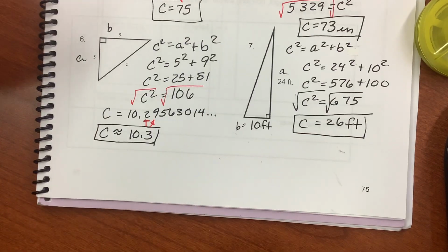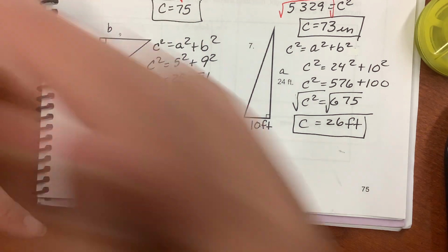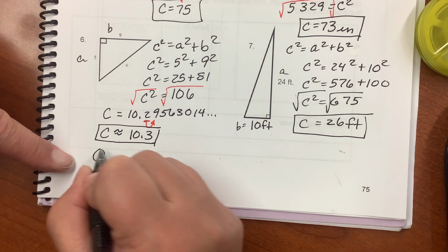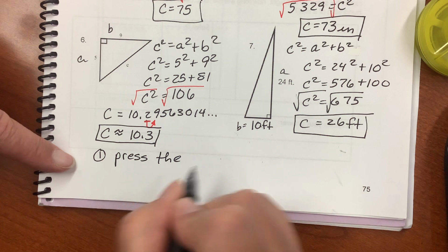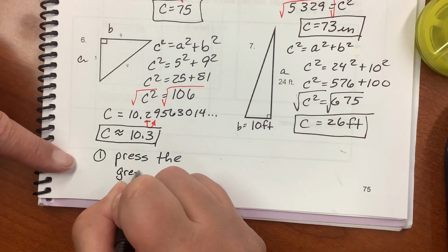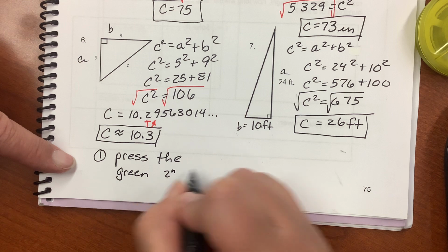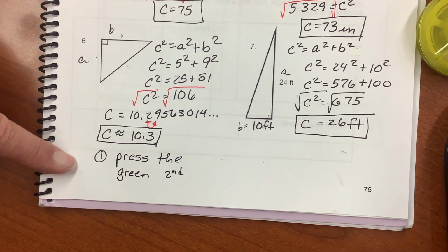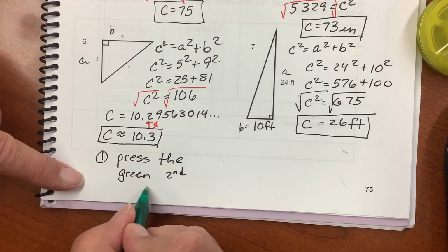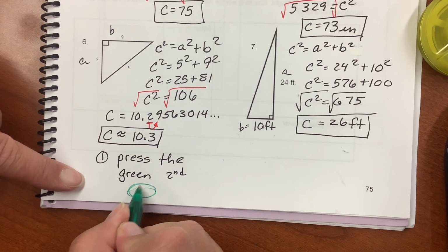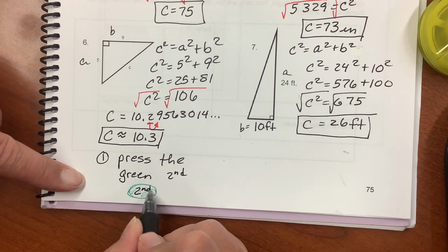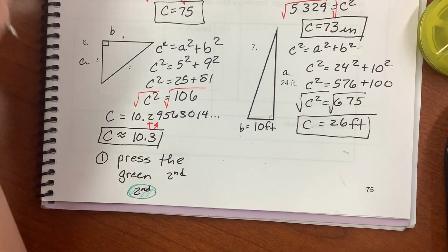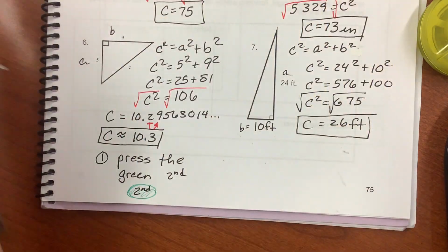All right, on the bottom, I'm just going to go over briefly how to make the calculator square root for you. Number 1, press the green second button. It looks like a green button with a 2 and an ND in it. That's the green second button. It's all the way up on the left. 2.